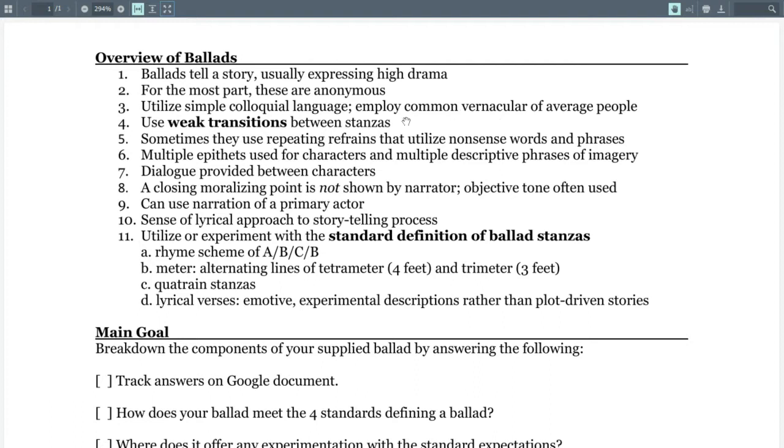When you look at the construction of these, the story is very sparse in detail. It has weak transitions between the stanzas. So as you move from stanza to stanza, you'll see jumps in time. You'll see a jump in a scene.